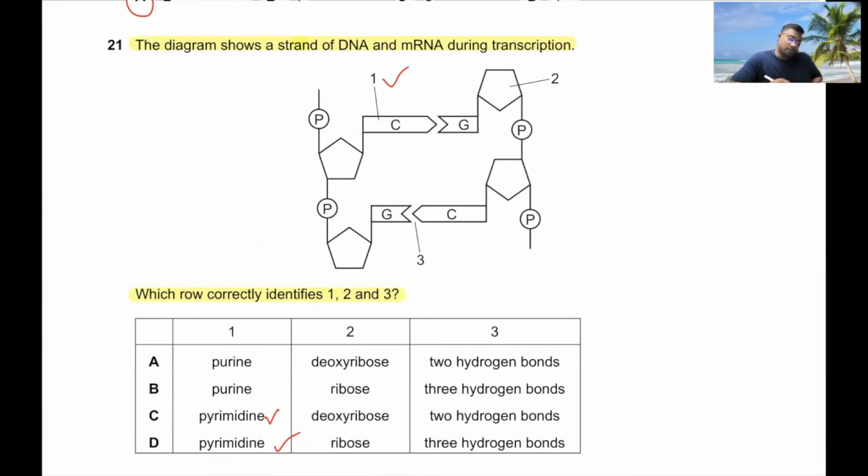Number 2 is guanine, which definitely should be ribose because this is the mRNA. And then number 3 is between the guanine and cytosine, there will be 3 hydrogen bonds. So D is the correct answer.